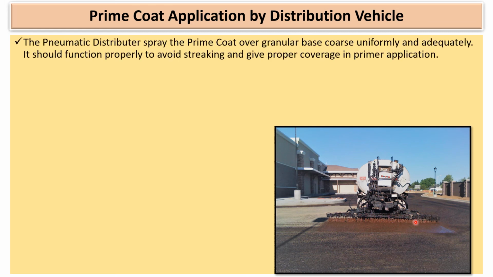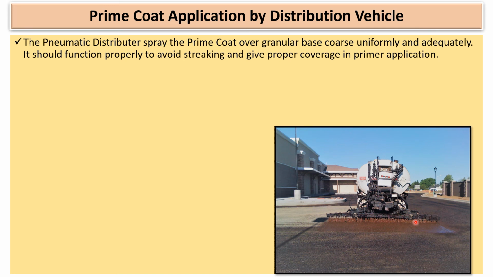The proper function of the distributor is of vital importance as far as application of prime material is concerned. The distributor can spray the liquid bitumen with uniform and adequate coverage if preset properly. The stretching marks and inappropriate amount of material in prime application are the most important parameters to be addressed properly by the field engineers.